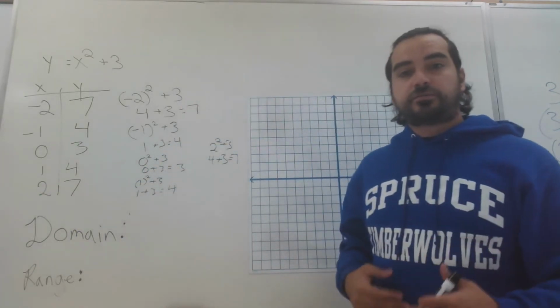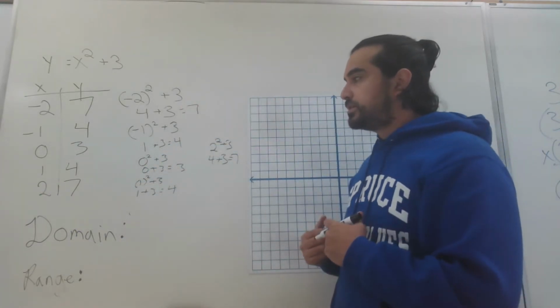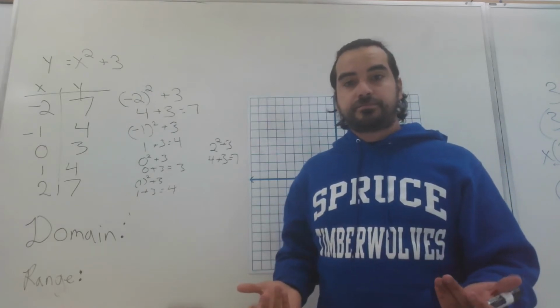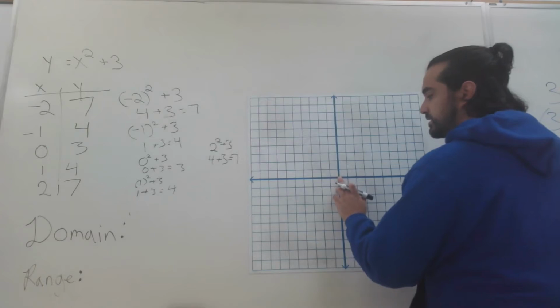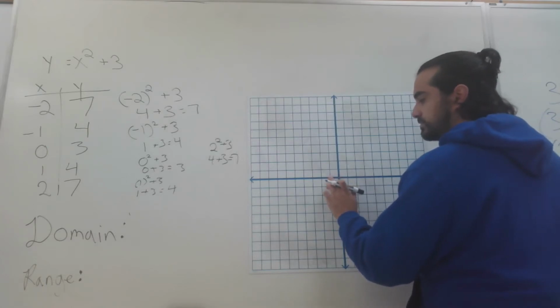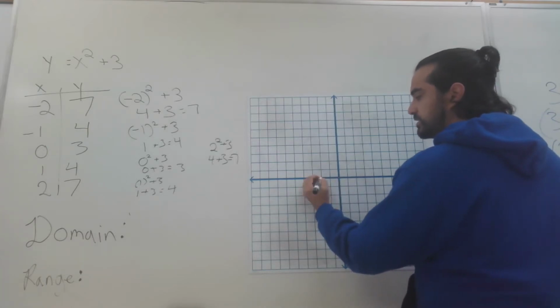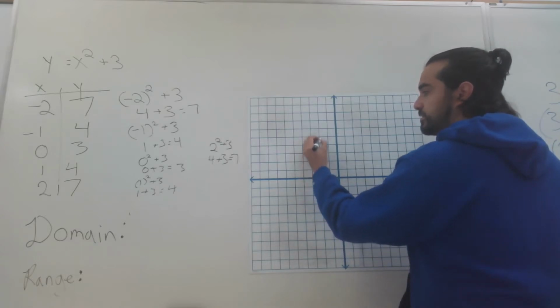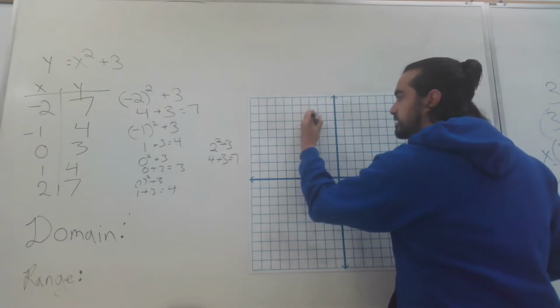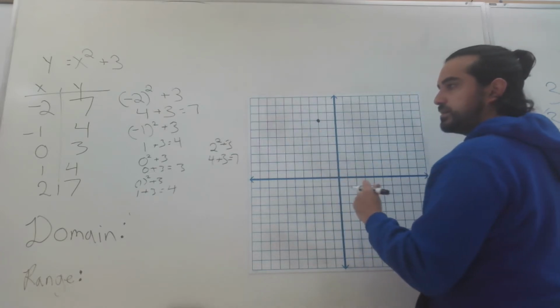So now that I found my y values, what we're going to do is go ahead and plot them. So (-2, 7). Start off at 0, -1, -2, and my y is 1, 2, 3, 4, 5, 6, 7. So this is one coordinate.